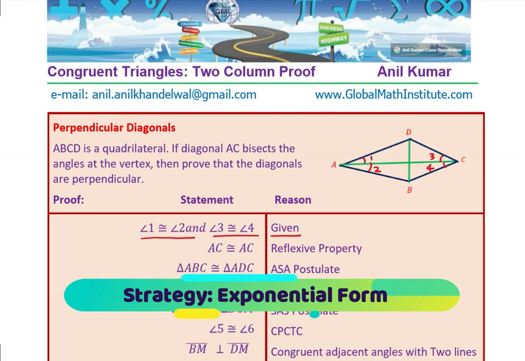If we consider the two triangles here, the triangle ABC and the other triangle which is not shaded at present, we see that they have a common side AC, which is the reflexive property.